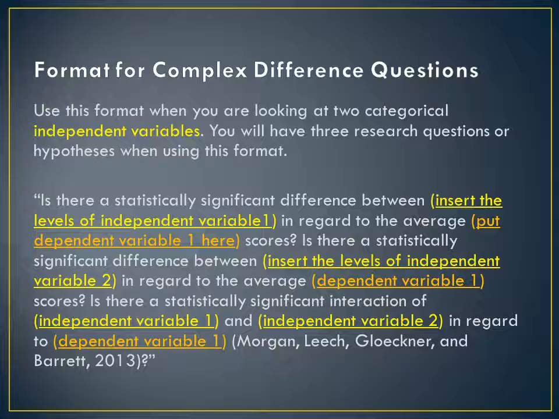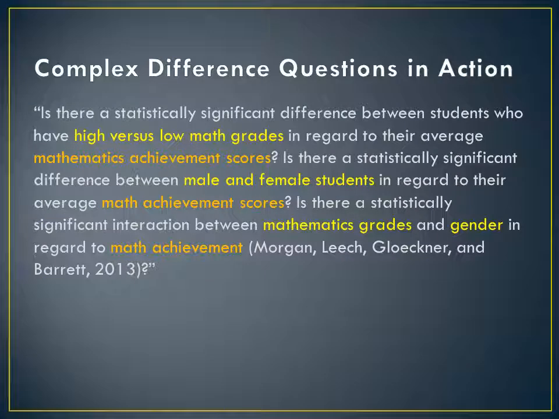You use this format when you're looking at two categorically independent variables. You'll have three research questions or hypotheses when using this format. Notice where the yellow is, that's where we insert independent variables, and the orange is where we insert the dependent variables. Let's take a look at a real-world example.